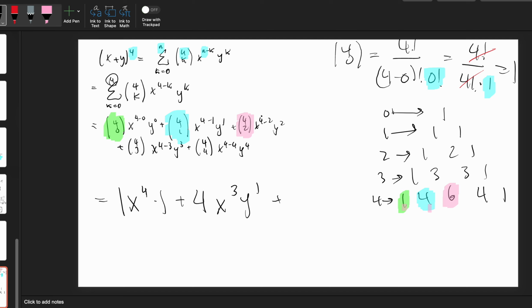And then 4 choose 2 is 6, x squared, y squared. Plus 4 choose 3 is 4, x to the 1, y cubed. Plus 4 choose 4 is, let's see, 0, 1, 2, 3, 4.